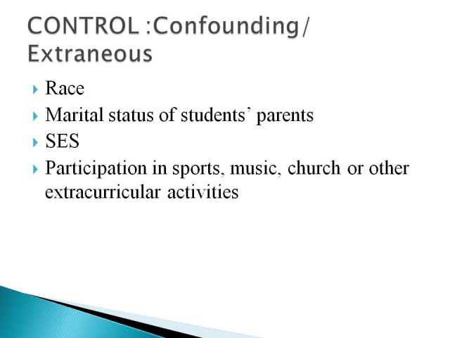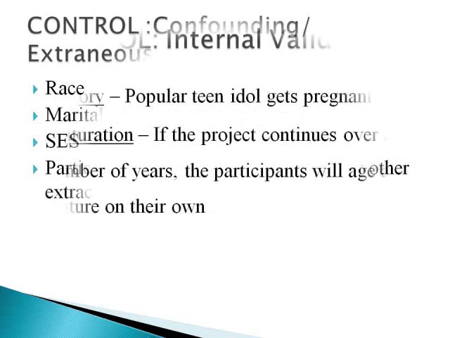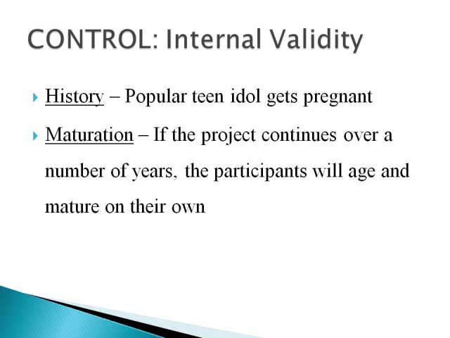And then participation in sports, music, church, or other extracurricular activities may make a difference as well. Perhaps the people who come to the community center do so because they are not involved in sports, music, or church activities. And we don't know. So these, at this point, are not taken into account in the research design, and they might make a difference in your outcome.